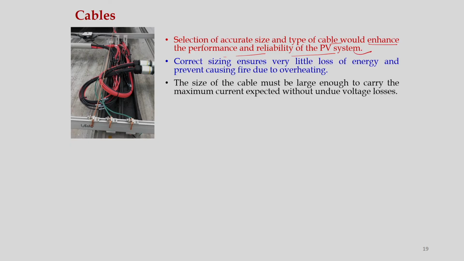The correct sizing ensures very little loss of energy and prevents fire caused by overheating. The size of the cable must be large enough to carry the maximum current expected without undue voltage losses.